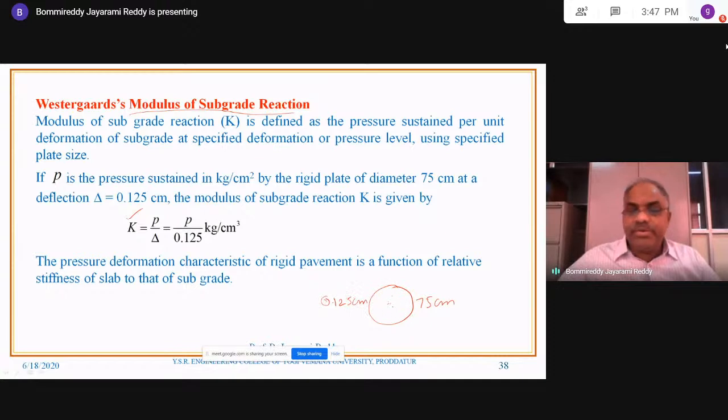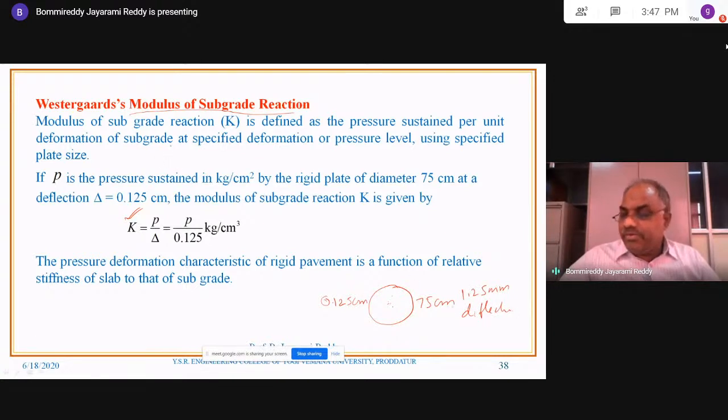The corresponding pressure is called the modulus of subgrade reaction. So you can look here, it is defined as K equal to P divided by delta. P is the pressure corresponding to 0.125 centimeter, or otherwise 1.25 mm deflection. So it's an important bit.